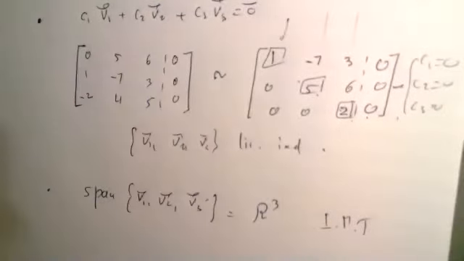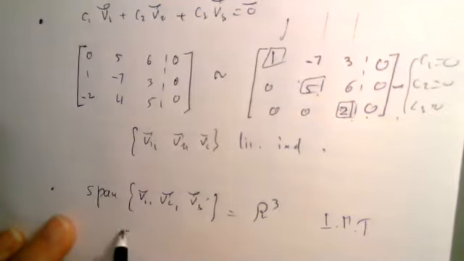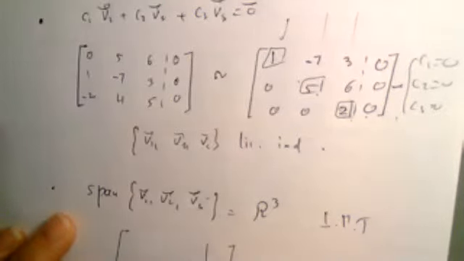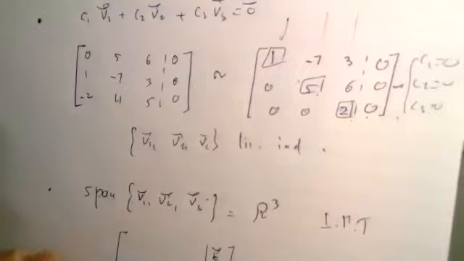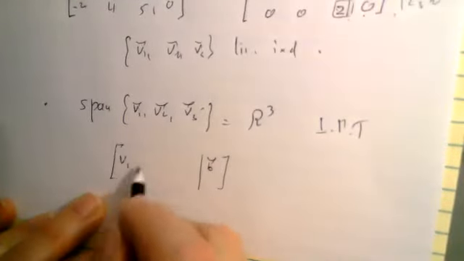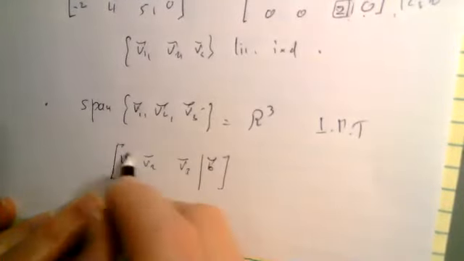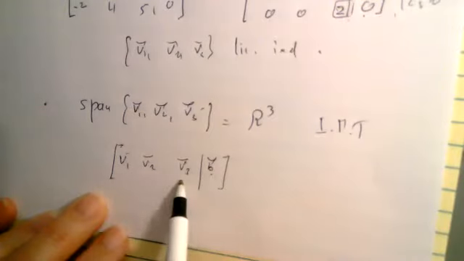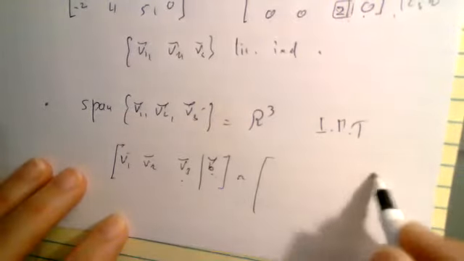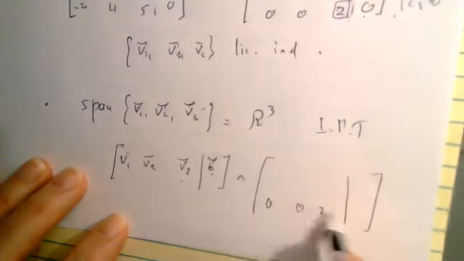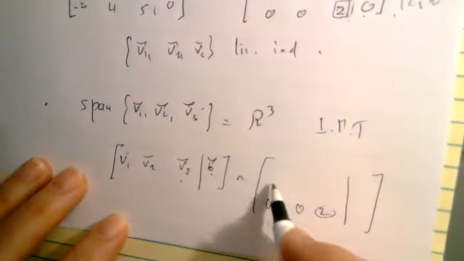You can here either invoke the invertible matrix theorem that tells me any three linearly independent vectors in R3 span R3, or you can justify it this way: if you take any vector B and try to find if it is in the span, when I go to the echelon form, I have a pivot in every row.